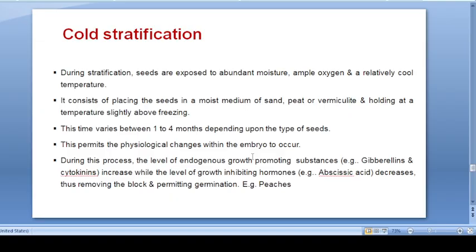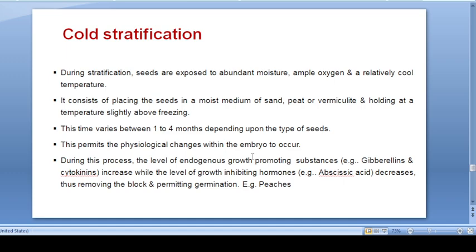And normally during stratification, the growth inhibiting substances, or hormones, will decrease gradually, and the growth promoting substances in the seeds will increase.